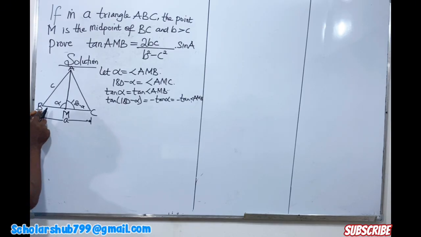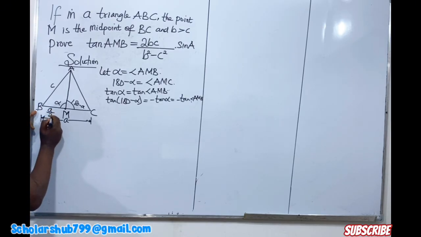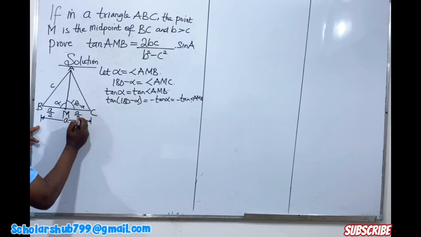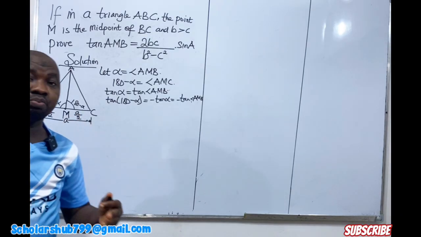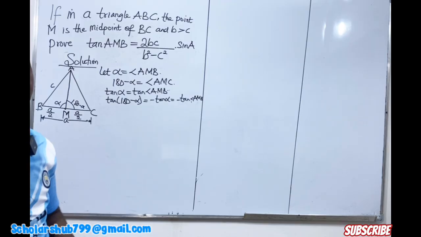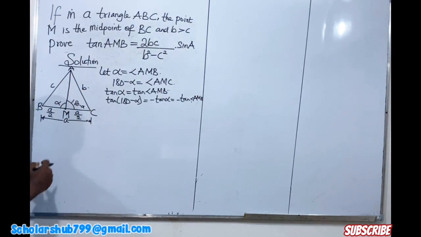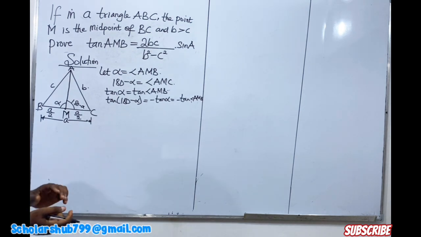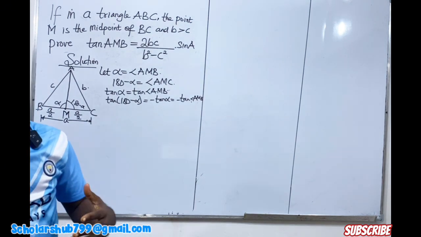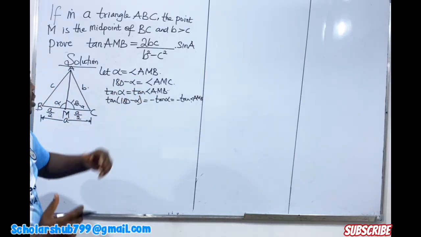So BM will be a over 2, and MC will be a over 2 because M is the midpoint of BC according to the question. Opposite B will be lowercase letter b. Remember I said our first inclination is to obtain the equation for b² minus c².